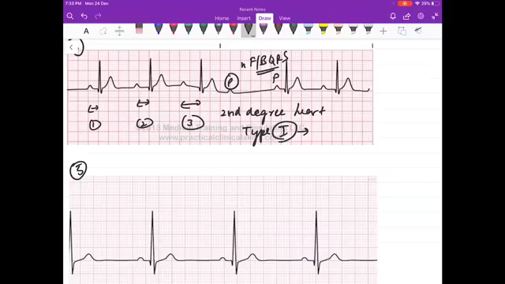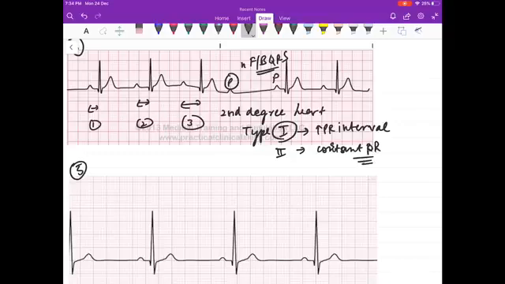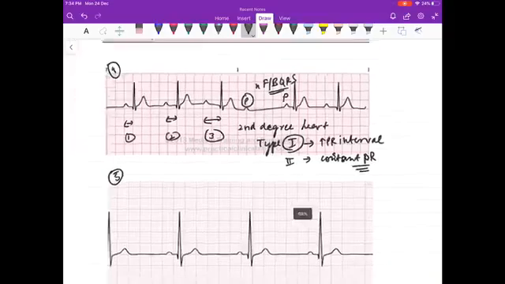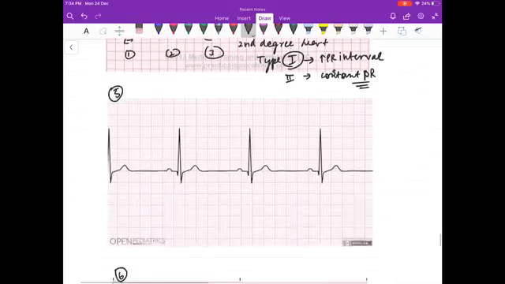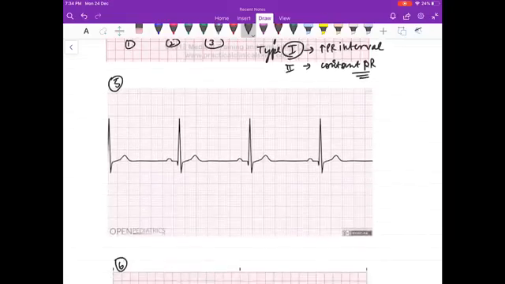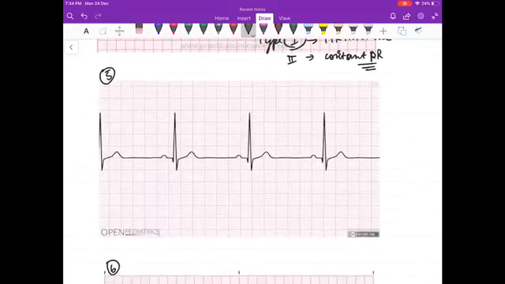In type 1 there will be an increasing PR interval, but in type 2 it will be a constant PR interval. And in complete heart block you will see a variable pattern.